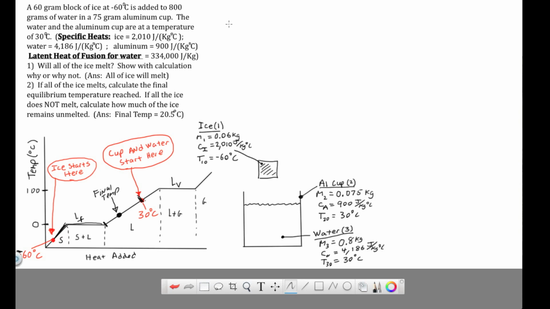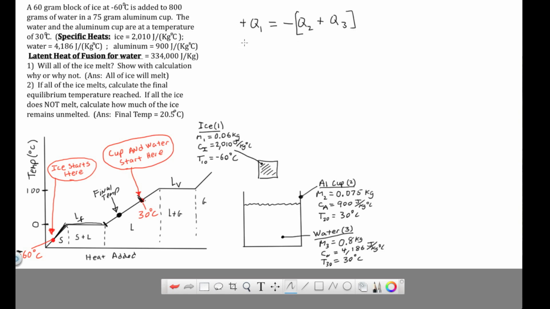So here's the idea. The heat gained by the ice, so I'm going to put that down as positive Q1, positive meaning heat gain, is equal to the heat lost by the aluminum. The aluminum is object 2, plus, so here I'll put this in brackets, plus the heat lost by object 3, which is the water.